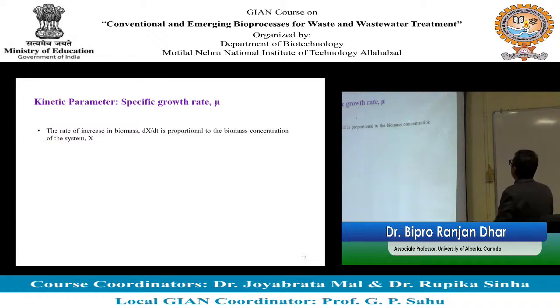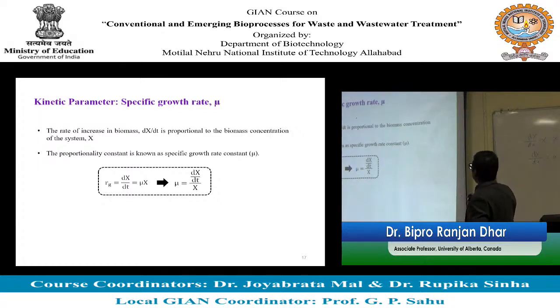So basically dX by dt is going to be proportional to the biomass concentration, and for each equation we are going to get a proportionality constant, or a kinetic coefficient. So here the kinetic coefficient is mu max. Mu is the specific growth rate.